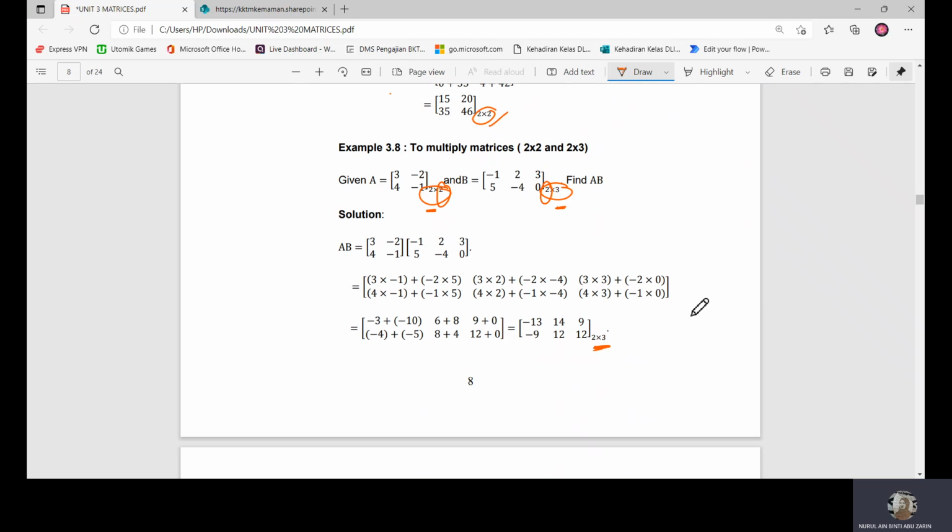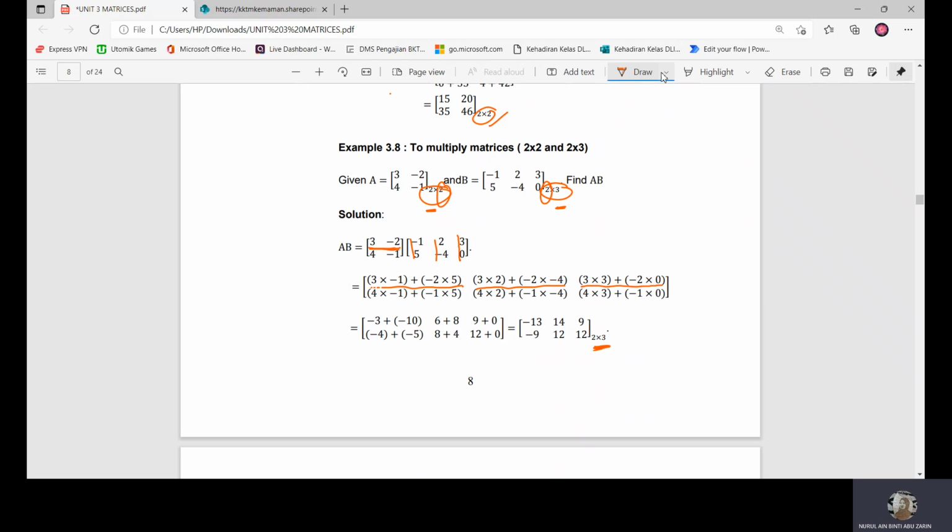How do you settle for this? Again, you can understand that it comes from row times column. The first row times the first column gives this one, the first row times the second column gives this one, and the first row times the third column gives this one.